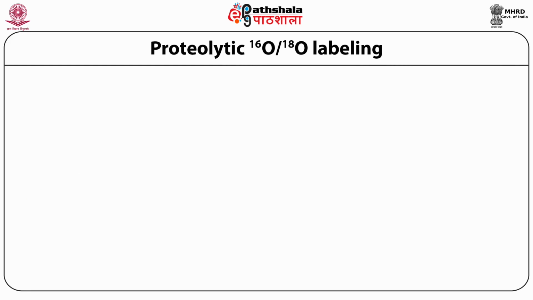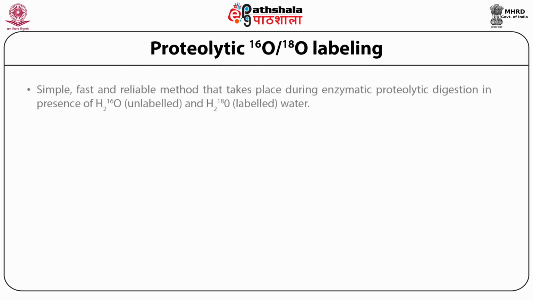Proteolytic oxygen 16/18 labeling. This particular method is a simple, fast, and reliable method that takes place during enzymatic proteolytic digestion in the presence of water with the oxygen 16 isotope and labeled water which has the isotope oxygen 18.